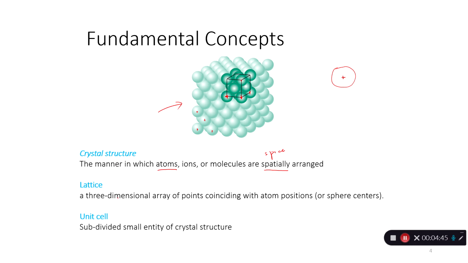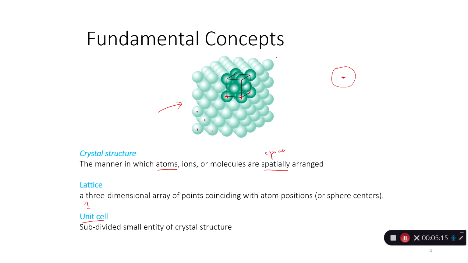And we have what is called the unit cell, which is a subdivided small entity of a crystal structure. The entire thing you're seeing in this diagram is a crystal structure, and we can divide it into something called a unit cell. Unit here means one, a single cell. The unit cell is the smallest basic pattern that you can divide the whole structure into.